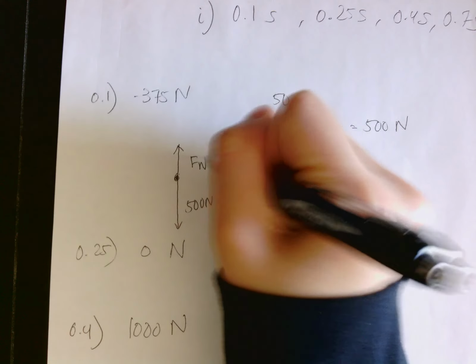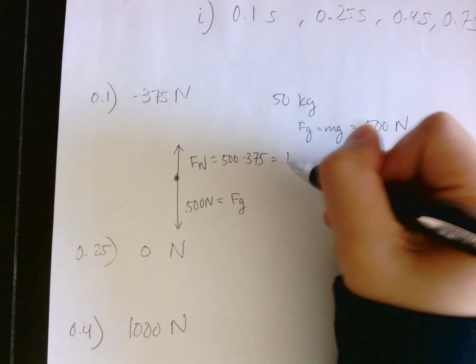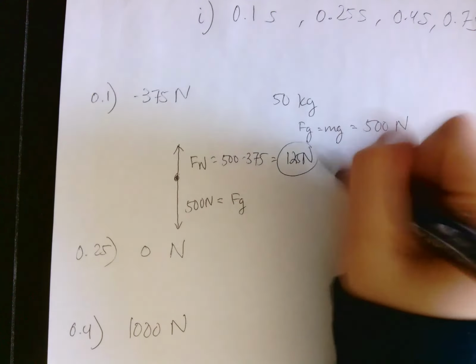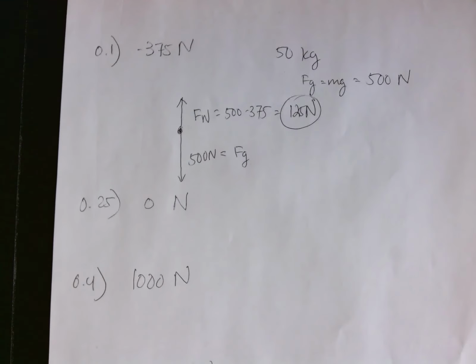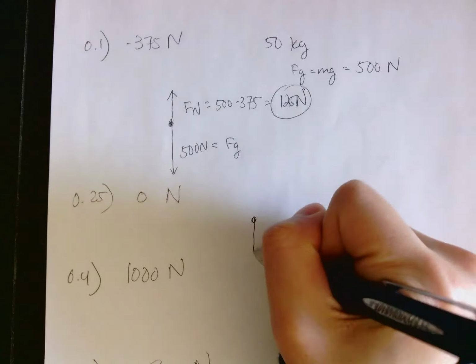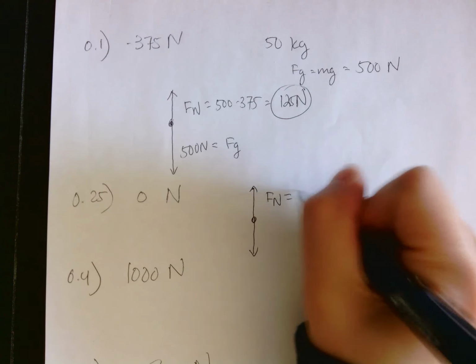So Fn is going to equal 500 minus 375, which is equal to 125 newtons. Now at 0.25 seconds, her net force is 0, so that means normal force and force of gravity are going to be equivalent.